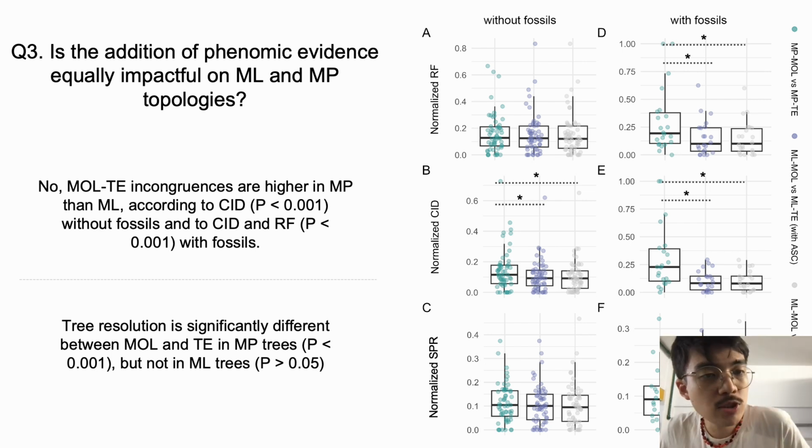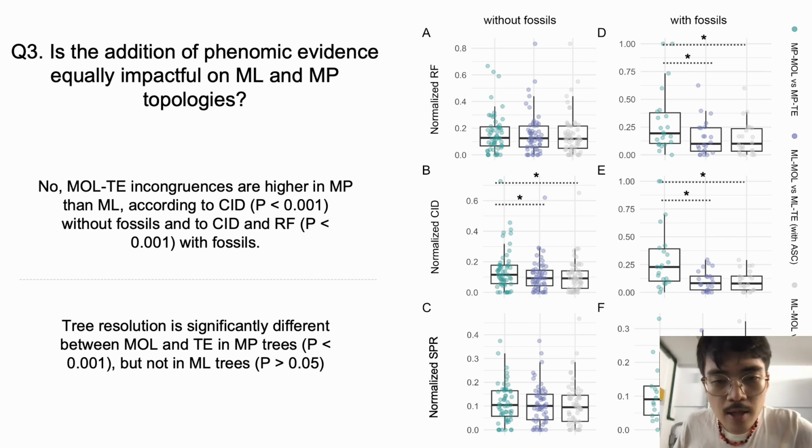The third question is, is the addition of phenomic evidence equally impactful on likelihood and parsimony topologies? The hypothesis was that parsimony could be more impacted by the morphology because in parsimony we don't have the Mk model, which is a very simple model, a very unrealistic model according to some authors.